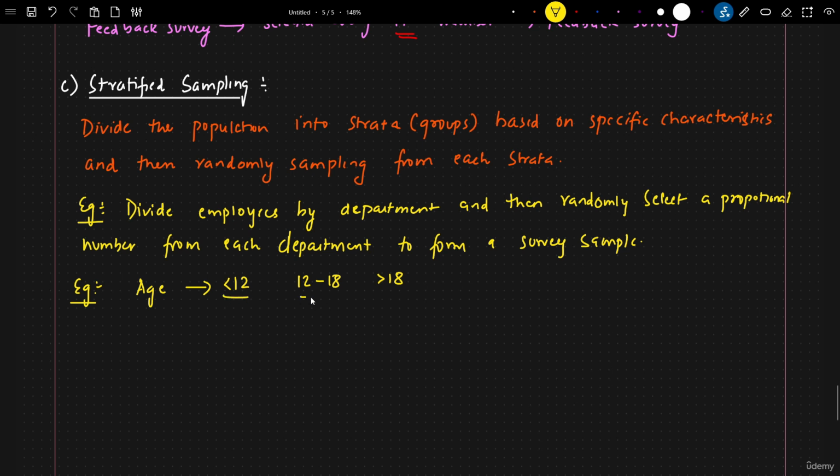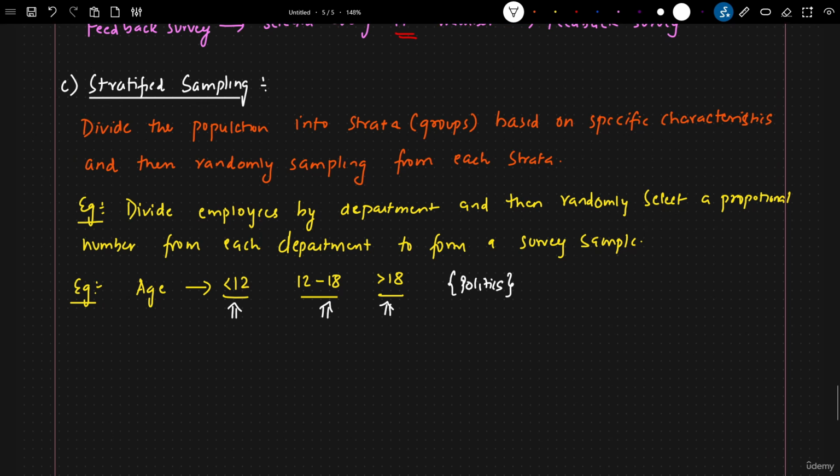Based on these 3 divisions I've made, I will try to take surveys based on these age groups. I may tell them to fill a survey related to politics, right? Everybody will have different views, right? So this kind of sampling is specifically called stratified sampling.